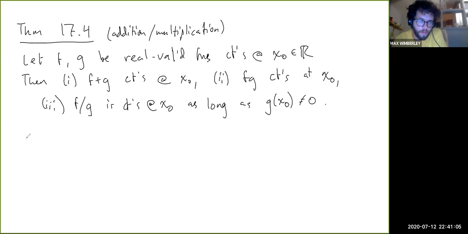So for the first part, proof. Of course, x naught has to be in the domain of both f and g, right?